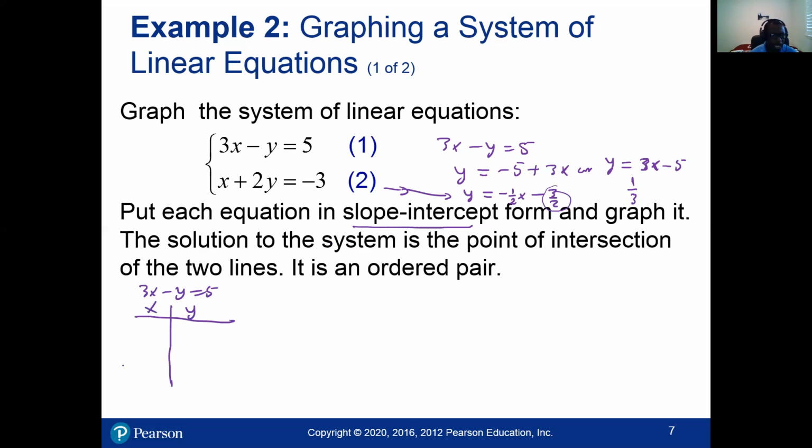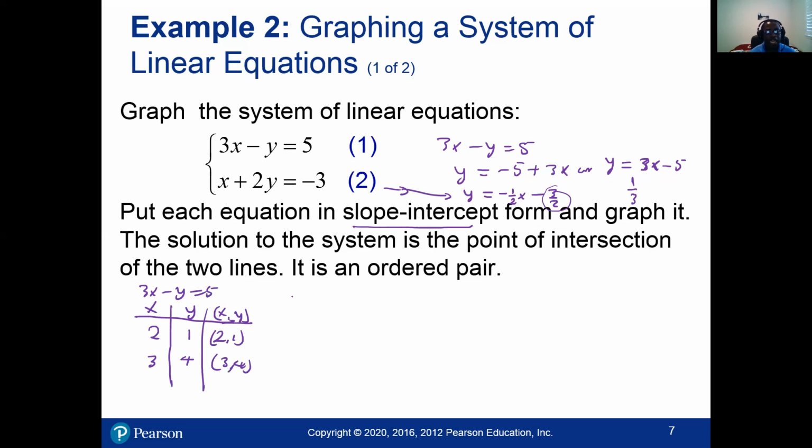So for example, if x is 2, what is y? You get y is going to be 1. And then if x is 3, you get y is equal to 4. So the ordered pairs, or the points, are (2, 1) and (3, 4).